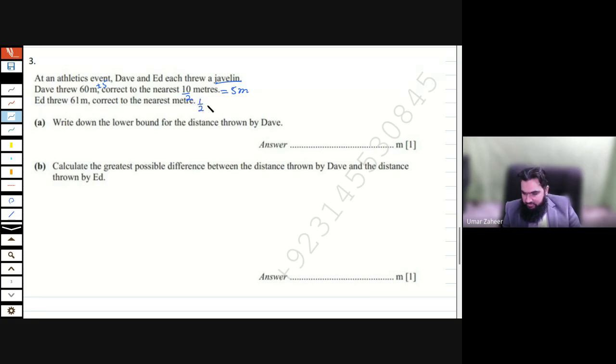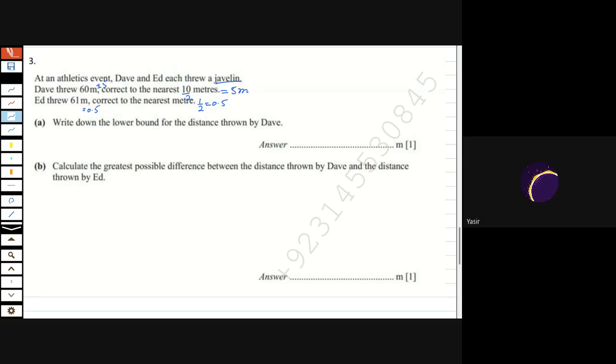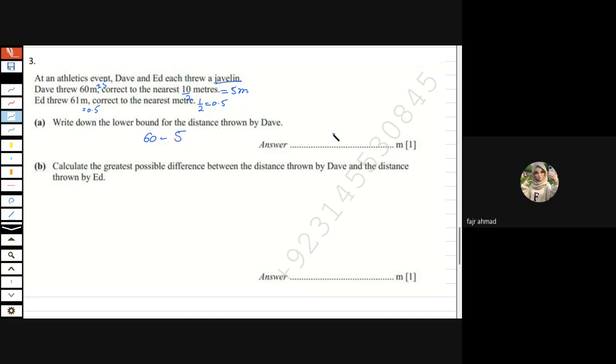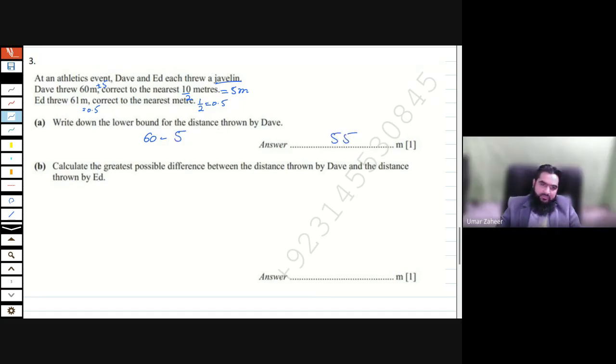So 1 divided by 2, that would be 0.5. Write down the lower bound for the distance thrown by Dave. What is the lower bound? 55 meters. The lower bound is 60 subtracted by 5, that will be 55 meters. Yes, it is clear.